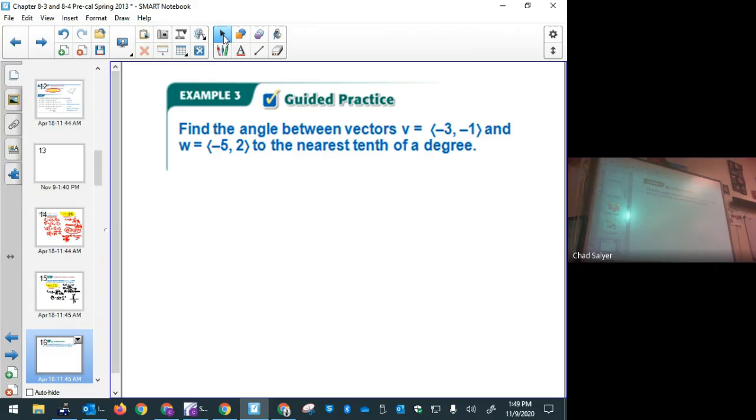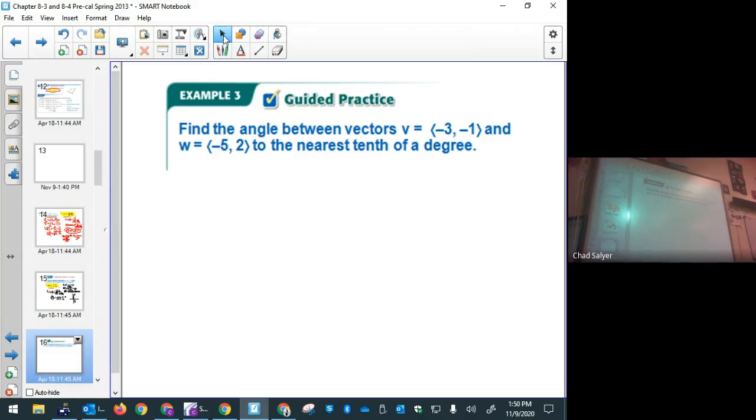We won't need B dot W if you did it like this, then that's not right. So the first thing you want to find is B dot W. If you look at your negative 3 and negative 5, you see how those are the two X values?